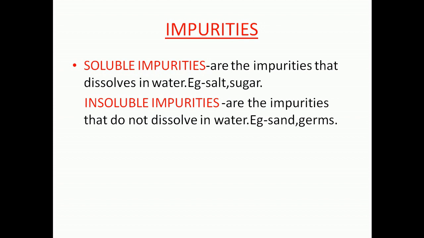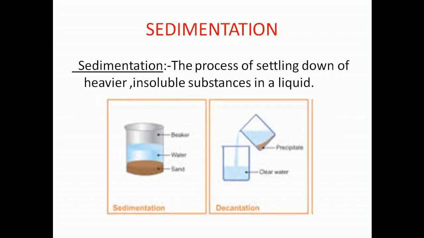Now, we will learn the methods of removing impurities from water. Insoluble impurities such as sand can be separated by sedimentation and filtration. Sedimentation is a process of settling down of heavier insoluble substances.